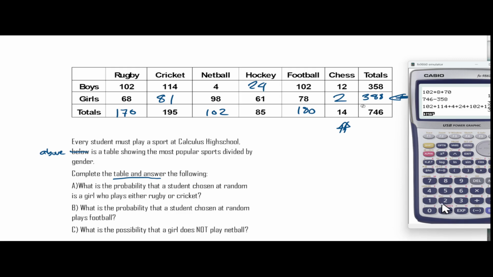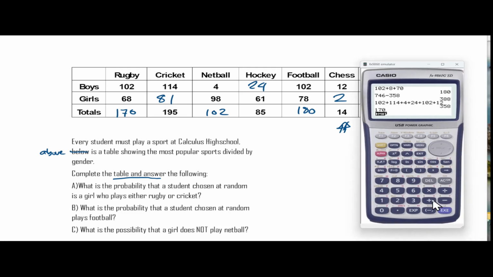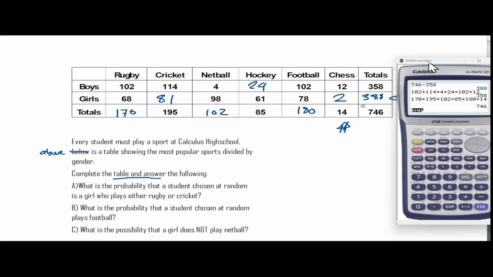Let's just do this column here, this row there. So 170 plus 195 plus 102 plus 85 plus 180 plus 14. And I know I said I didn't want you to watch me just putting numbers in a calculator, but it is a really, really important step. 746. Cool. Everything is above board.